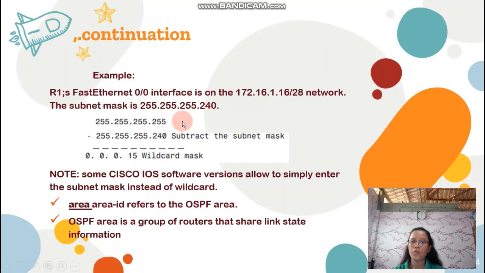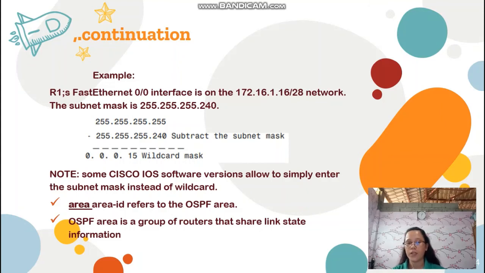So 255.255.255.255 minus 255.255.255.240 is equal to 0.0.0.15. So this is the wildcard mask. Note: some Cisco IOS software versions allow you to simply enter the subnet mask instead of the wildcard mask.